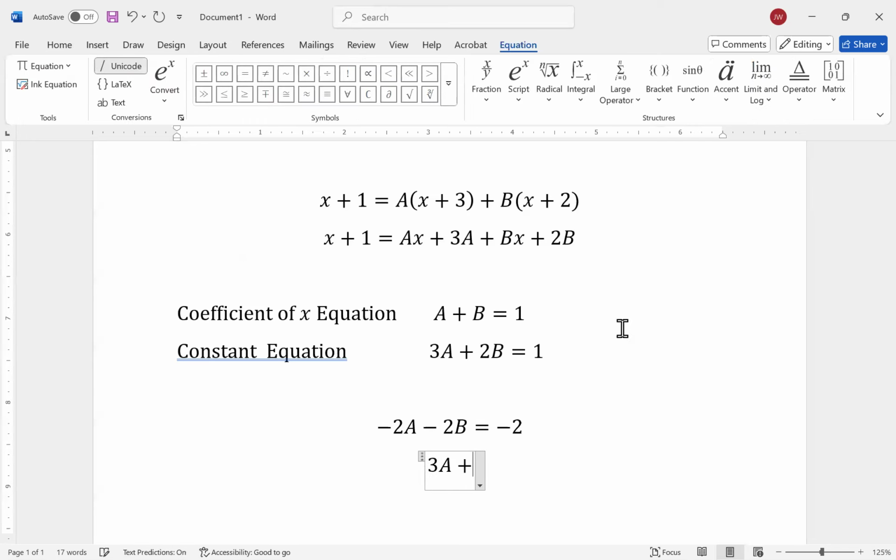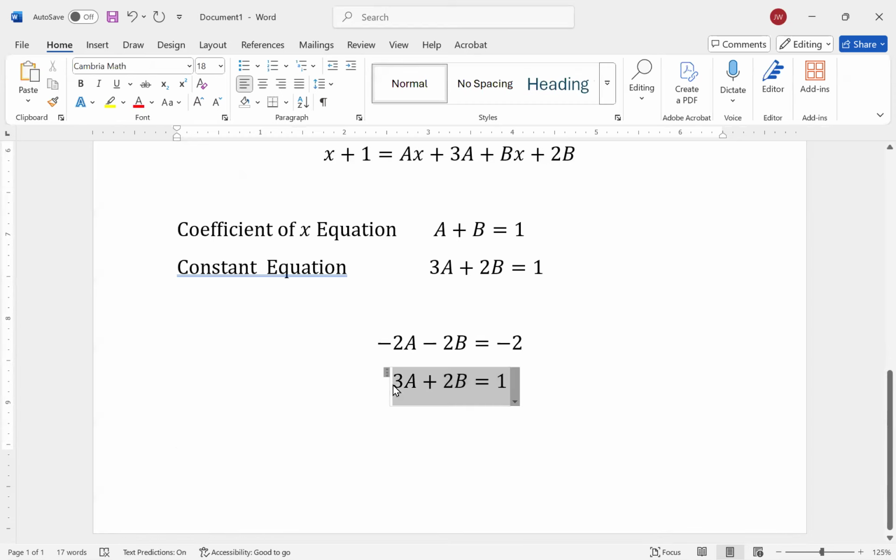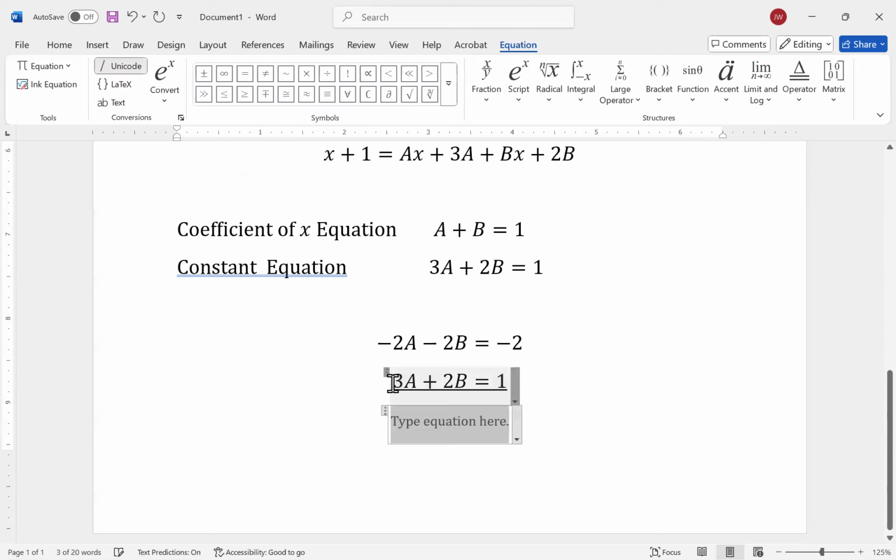That's 3a plus 2b equals 1. And then we add the two equations together, and we end up with 1a is equal to -1. So a would be -1.